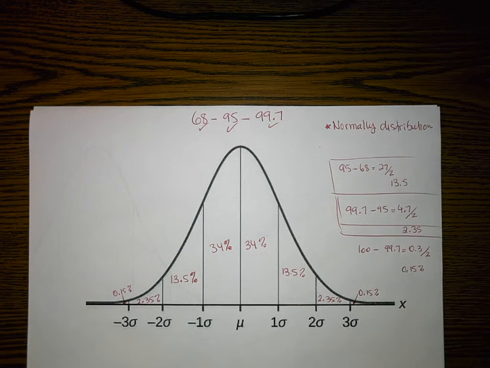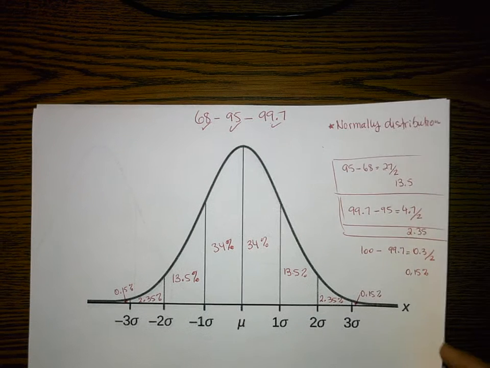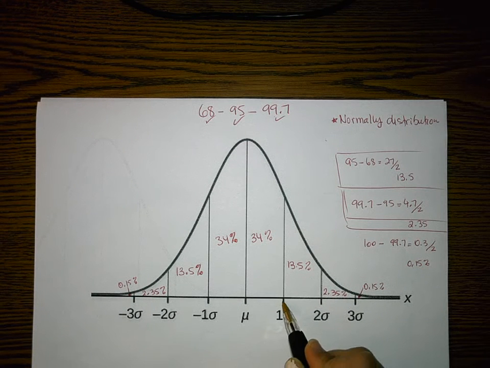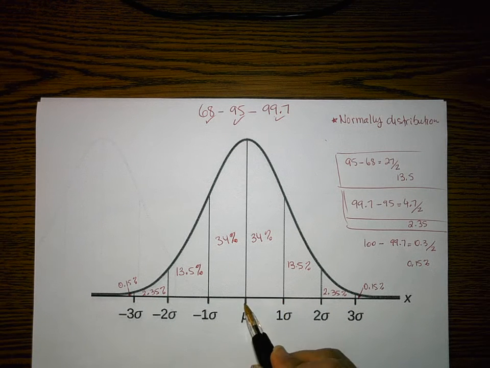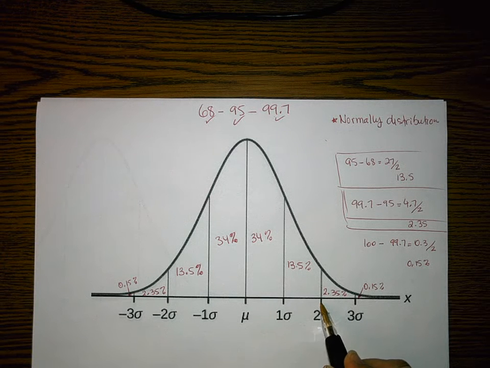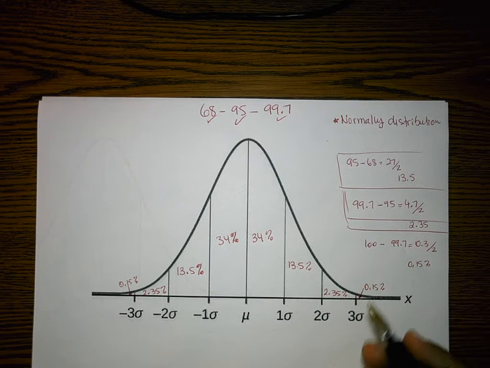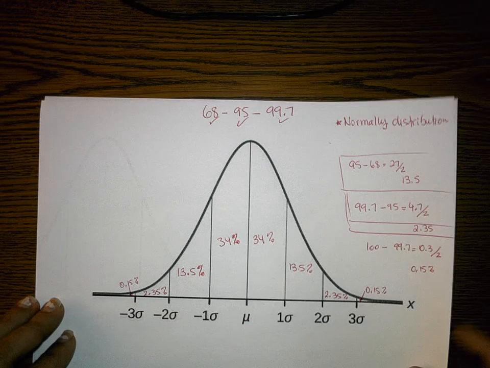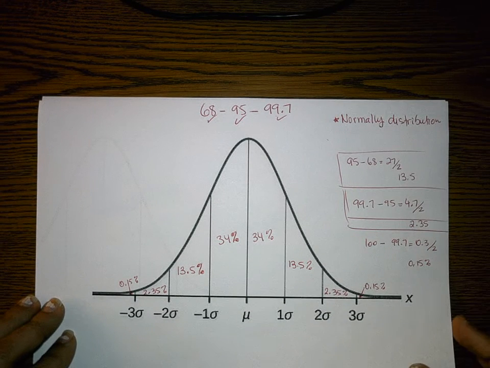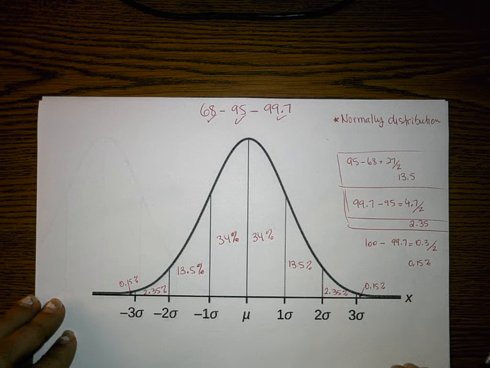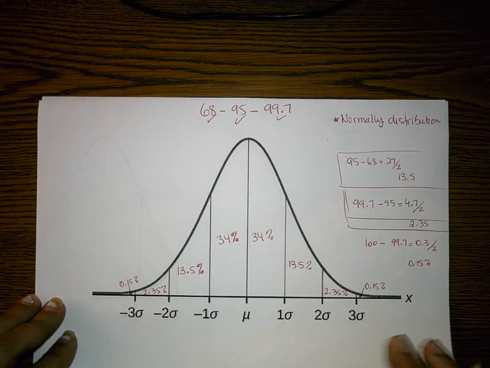Okay? That's what it means. So being above the average 1 standard deviation, above the average 2 standard deviations, or below the average 1 standard deviation is important to know what that means, okay? Not just memorizing numbers.